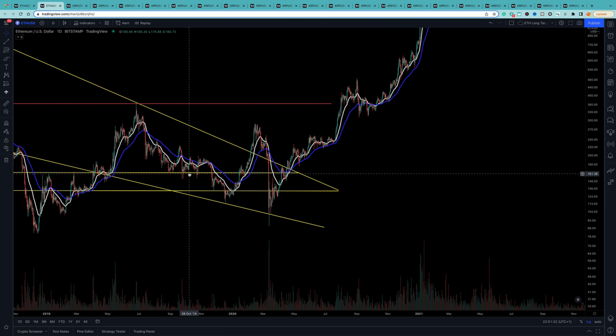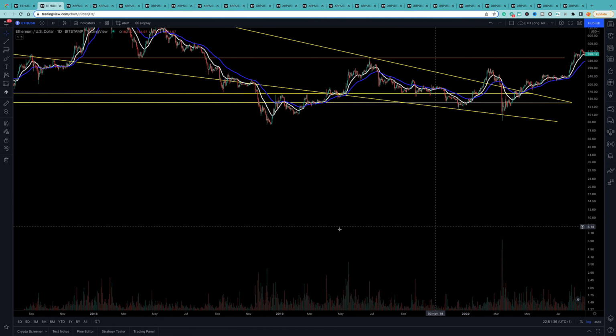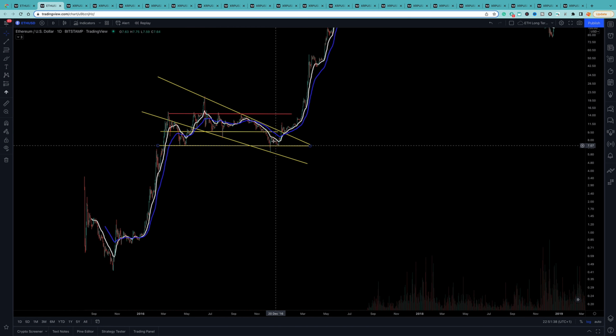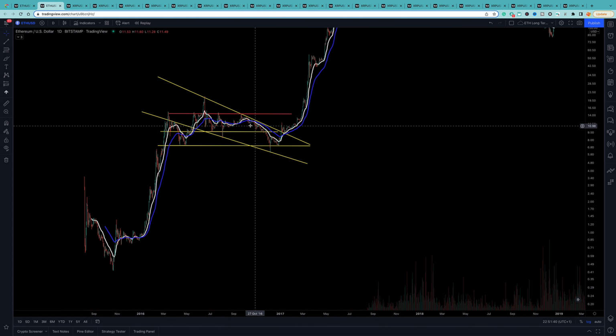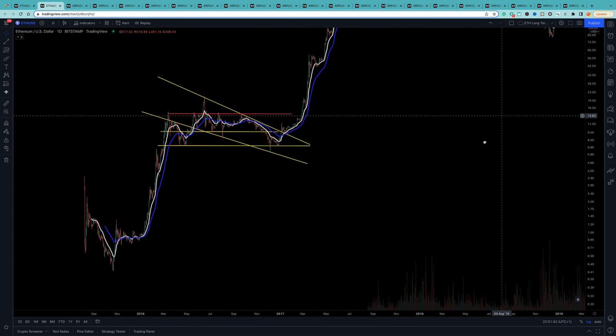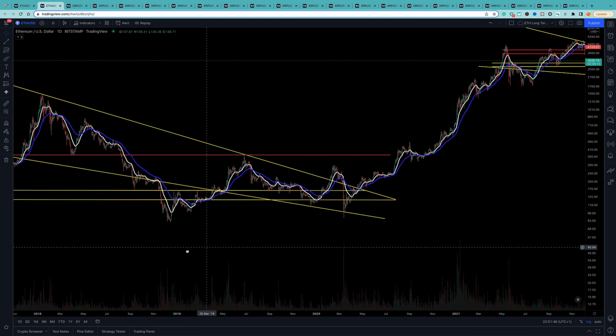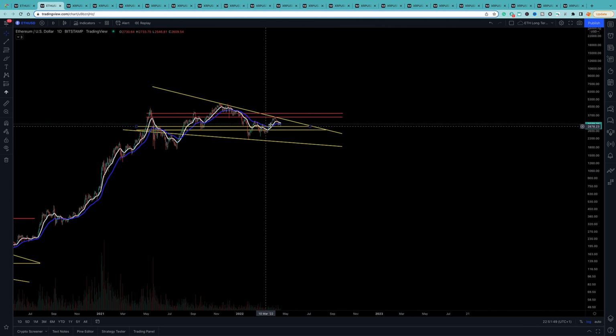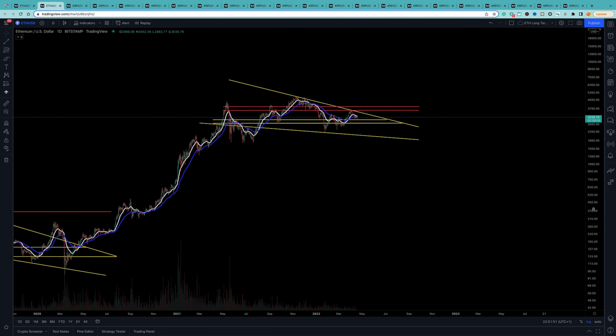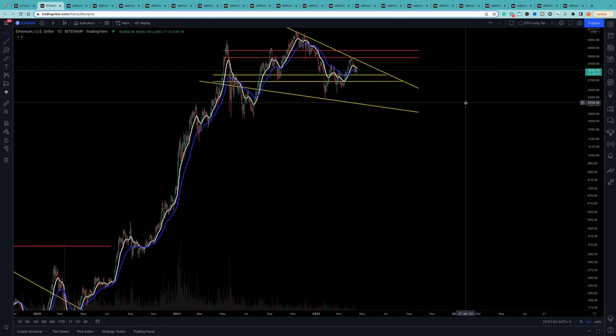Remember on Bitcoin, these were nice and level, where on this one it's descending. On this one it's descending, and where this one, it's ascending. Okay.